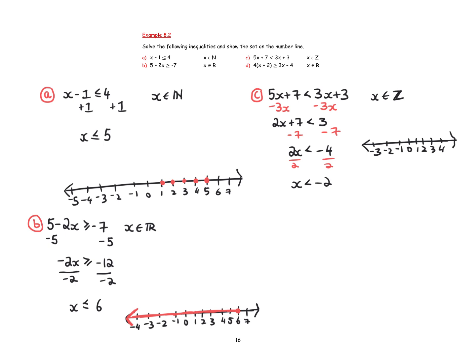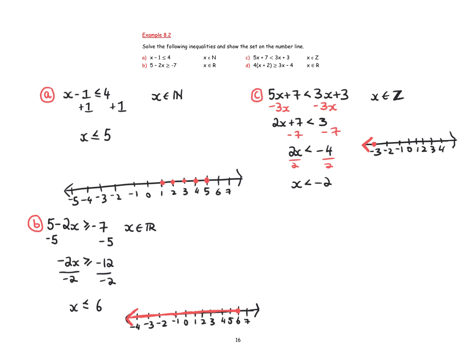So when x is less than minus 2, because it is an integer, it's a positive or negative whole number, and it's less than, so it actually could be only minus 3 and then whatever numbers are down there. We don't even have to put in a hollow circle around minus 2 because it can't be minus 2 and it's an integer, so it can only be a whole number. So the closest whole number below negative 2 is minus 3.